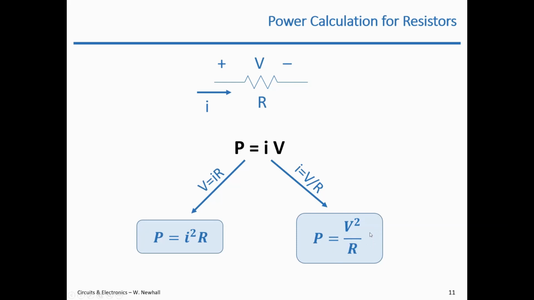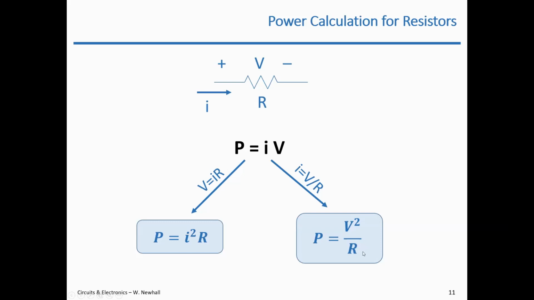These are interesting because this says something. Look at this V squared over R. Let's suppose you have a resistor and you want to dissipate some power, right? Maybe you're draining a battery for some reason, or you're trying to take extra power from a solar panel and dissipate that power somewhere. Maybe heat some water with it. Well, what this says is that if you have a certain resistor with a certain power rating, a power rating is the maximum power that a resistor can handle.